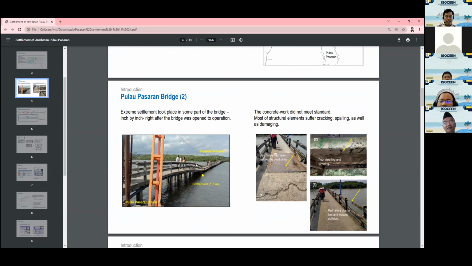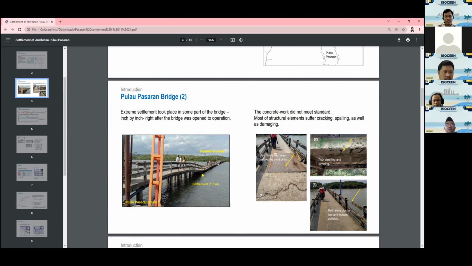Actually, as we know from the site, so many people cross this Pulau Pasaran Street with this bridge. They use various transportation means. They use motorcycles as well as modified motorcycles, which are able to carry materials.